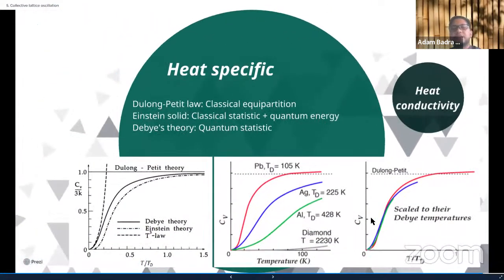So that's the conclusion of today's lecture. Today we studied the heat conductivity, especially the specific heat, because the conductivity is connected to the specific heat, and the specific heat is really interesting. Many interesting physics are hidden inside this theory.